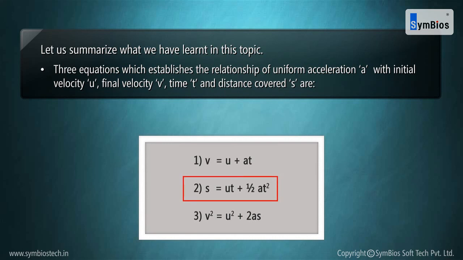Equation 2, s is equal to ut plus half at square. Equation 3, v square is equal to u square plus 2as.